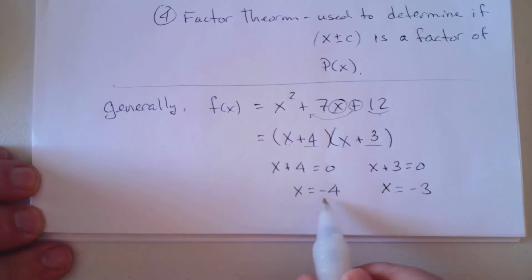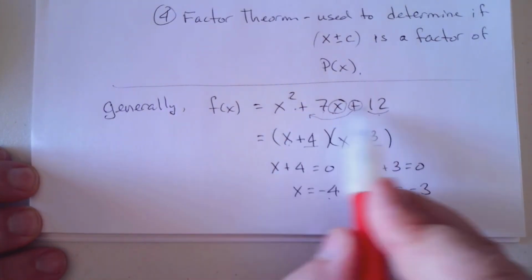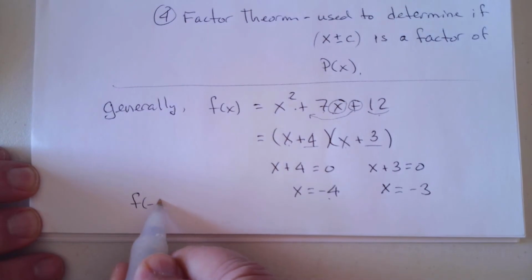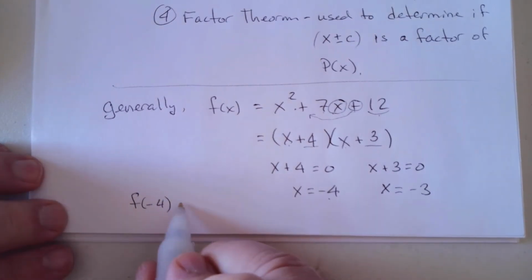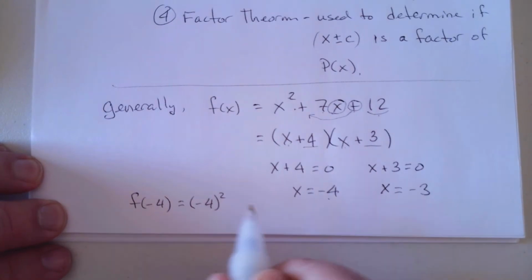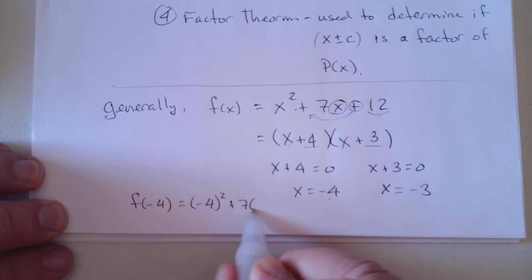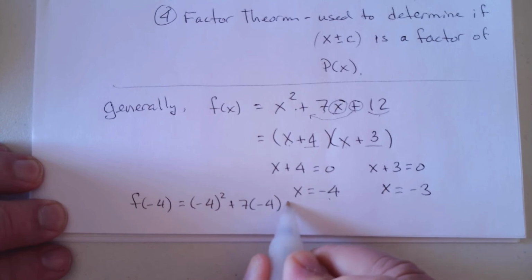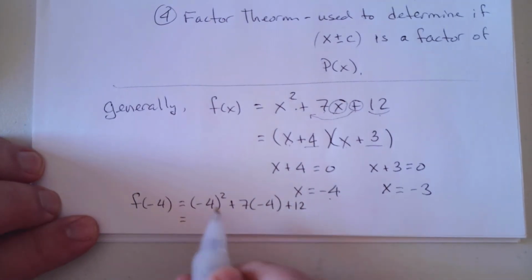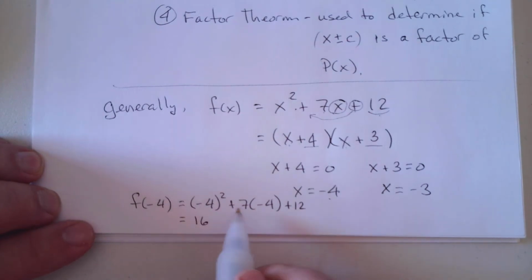All right, so if we plug these values back inside here, f of -4, if we plug that back into the equation and work it out, -4 squared is positive 16.